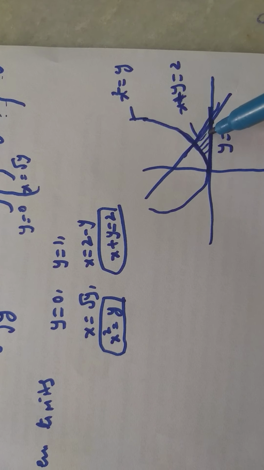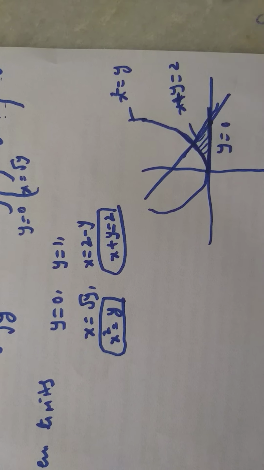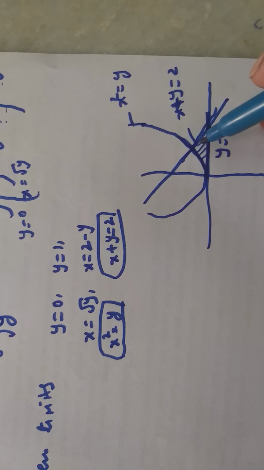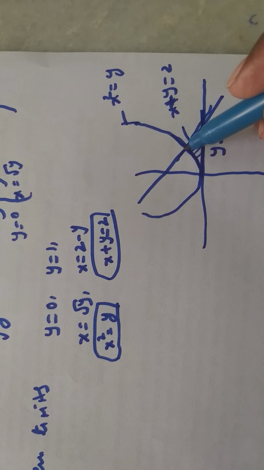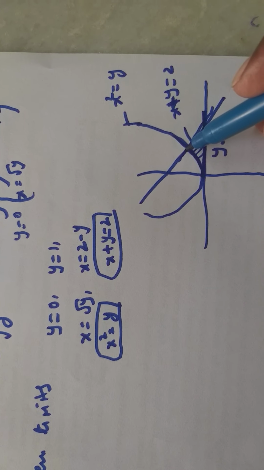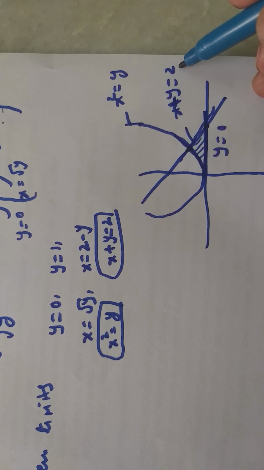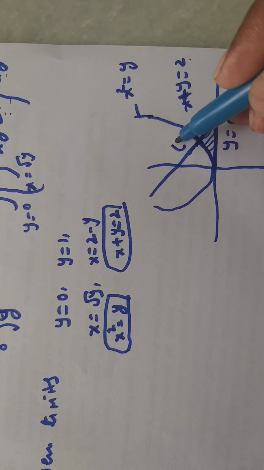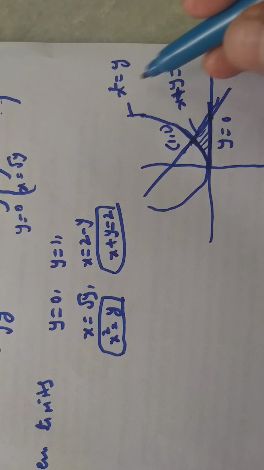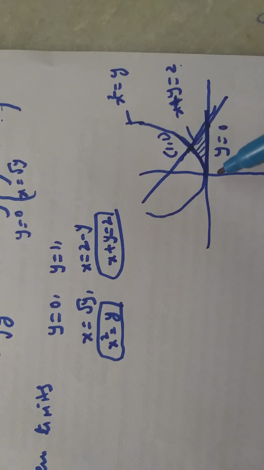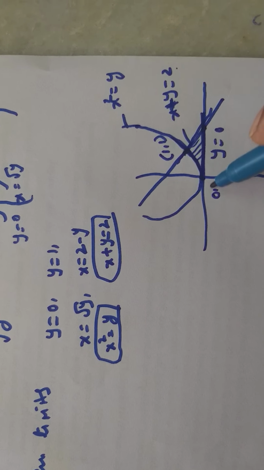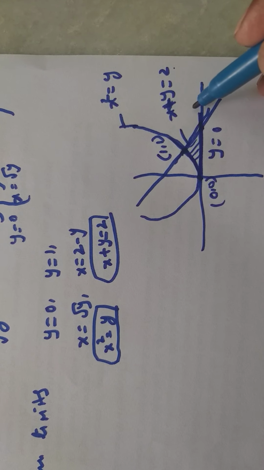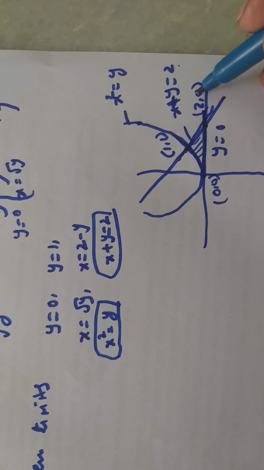So in this region we change the limits. How to change the limits? These two curves intersect here. After solving x plus y equal to 2 and x square equal to y, we get the intersecting point 1 comma 1. This is the origin, and this point is 2 comma 0.